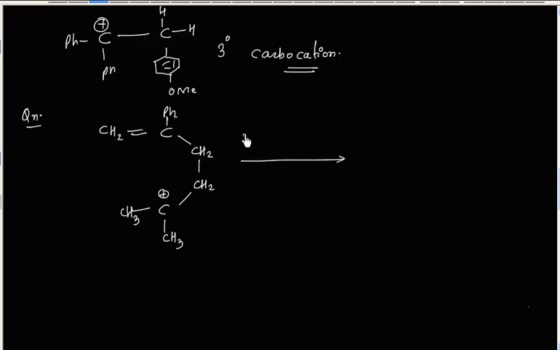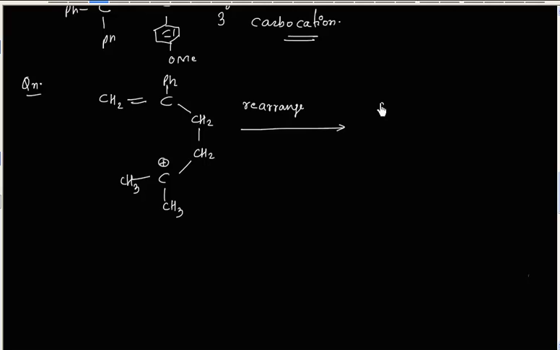Now this carbocation rearranges to give a cyclic carbocation. So you have to write the structure of the cyclic carbocation. Now what will happen in this case? This double bond will attack on this carbocation.